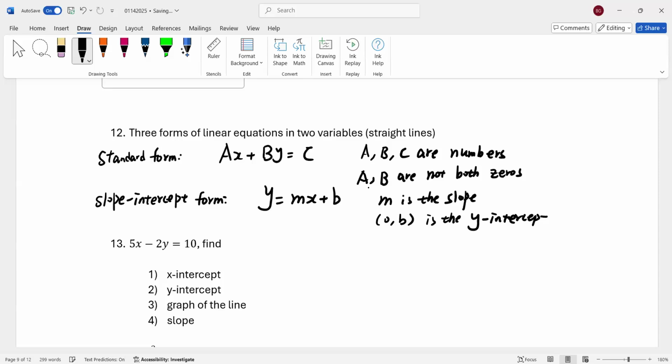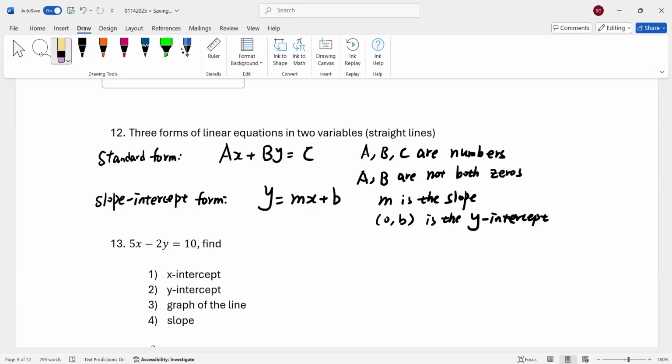I hope you remember what a y-intercept is. The y-intercept of a straight line or any other graph is the intersection of the graph with the y-axis. So that point has x value 0. When you make x be 0 here, the y value would be b. That's the reason (0, b) represents the y-intercept of the straight line.